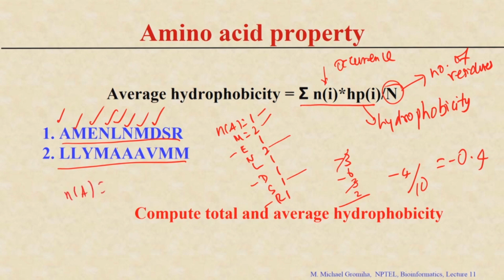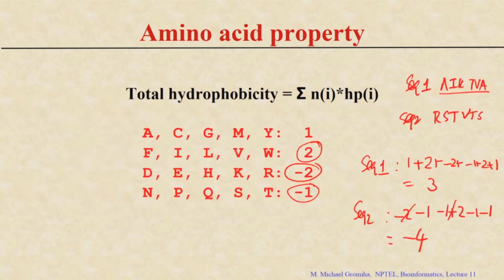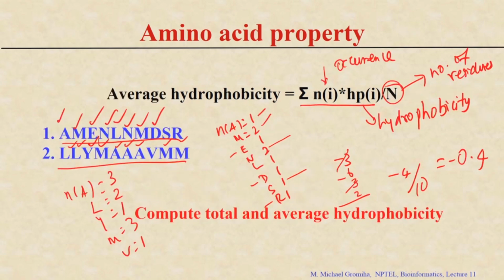3. L 2, Y 1, M 3, and V 1. So, now if you see this group A C G M Y: 3, 6, 7. 7 multiplied by 1 equals 7.